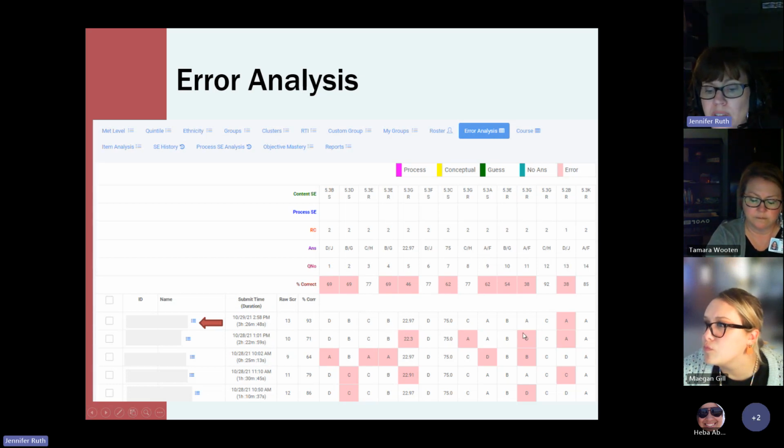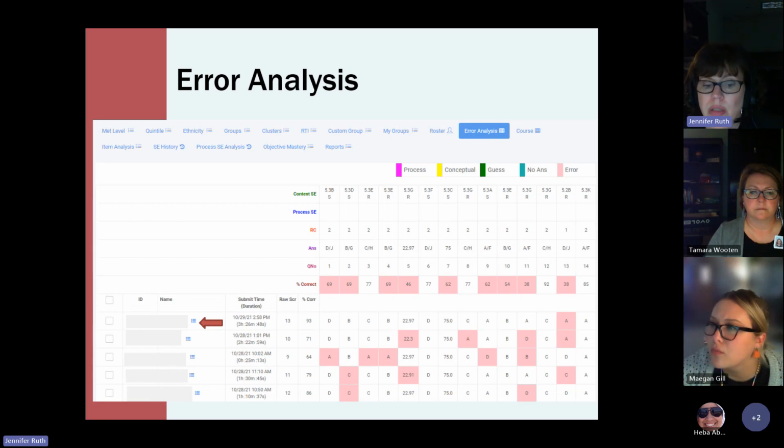If it is a technology enhanced item, like a drag and drop or an inline choice, you may see a point value like a 0 or 1 to indicate how many points they got for that particular item. Items that are highlighted in pink show you questions the student got wrong. Those that are in white are the ones that the student got correct.